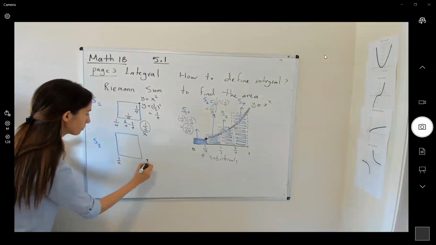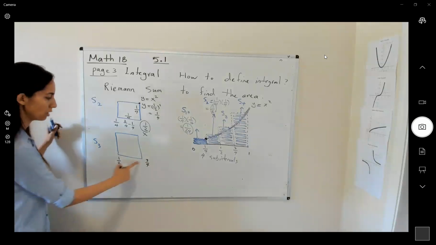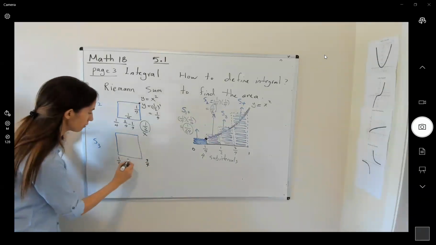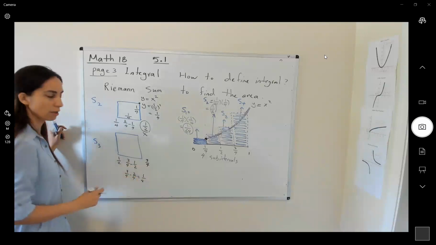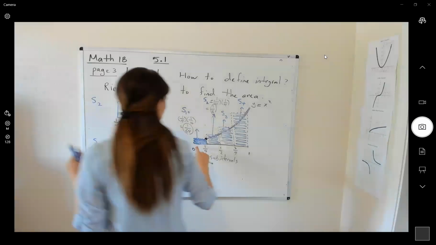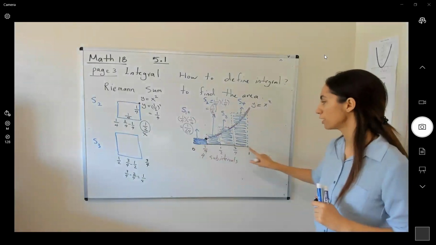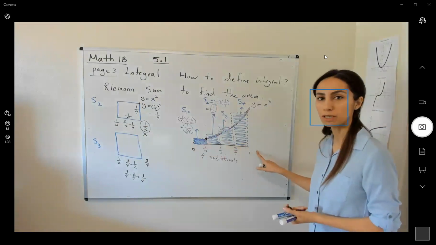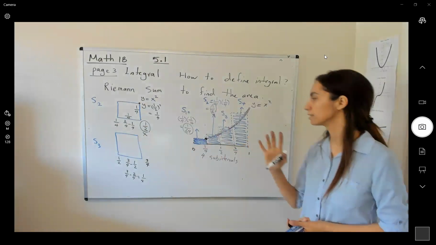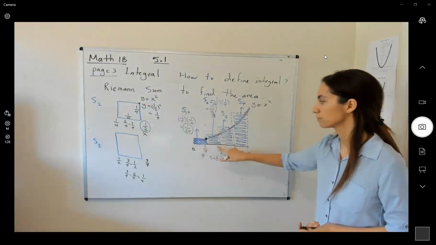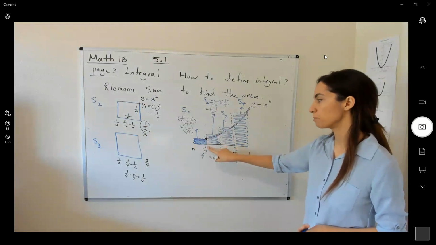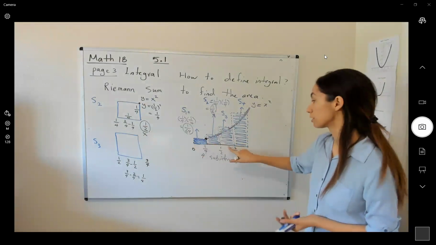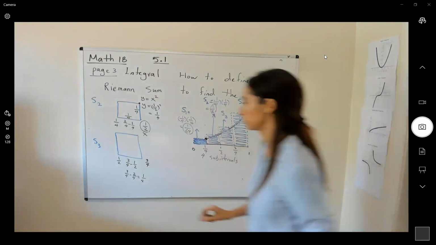To find this measurement here is just 3/4 minus a half, which is 3/4 minus 2/4 or 1/4. We expect that. Why is that? Because we're dividing this interval 0 to 1 into 4 equally measured subintervals. So this is 1/4, this is 1/4, this is 1/4 as well.